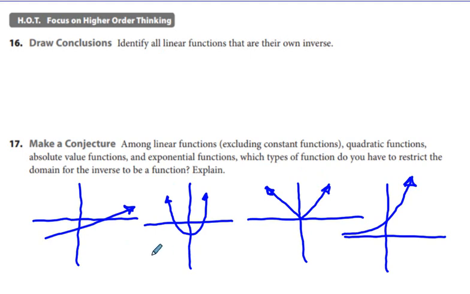Okay, what you're looking for is, if I draw a horizontal line and move this horizontal line over here, the linear function passes the horizontal line test, the quadratic function does not, the absolute value function does not, it is not one-to-one, and the exponential function does. So in this one we have to restrict, let me go ahead and erase this.